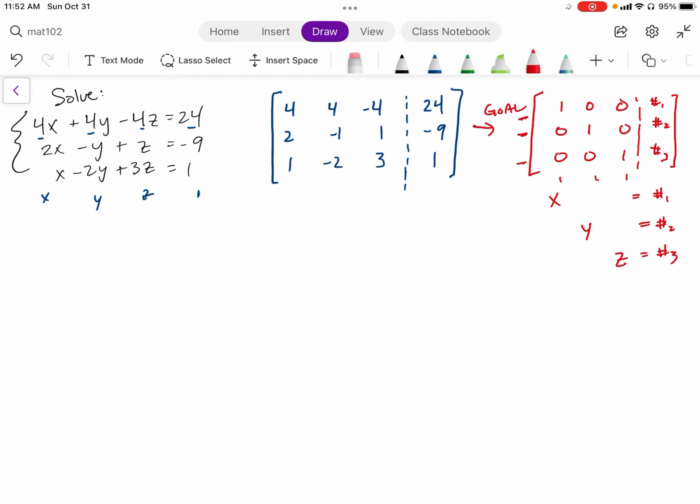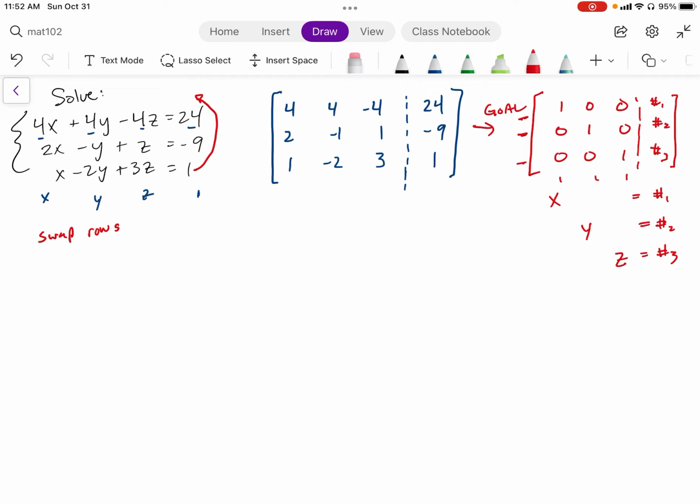There are a few operations that are allowable. The first one I'm going to use right away, we are allowed to swap rows. Because swapping a row is really just writing the problem in a different order, right? So like, if I move this third equation to the top, I didn't change the problem at all. And that's what I'm going to do first.